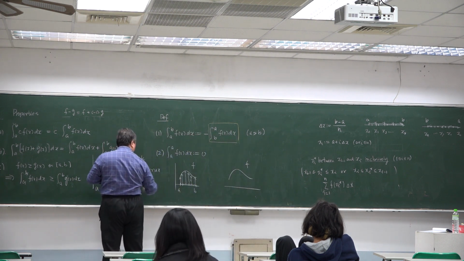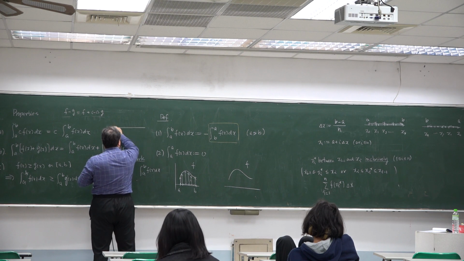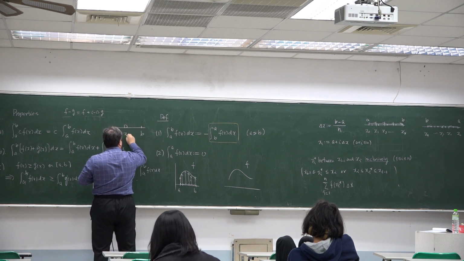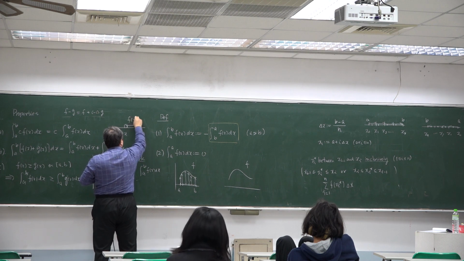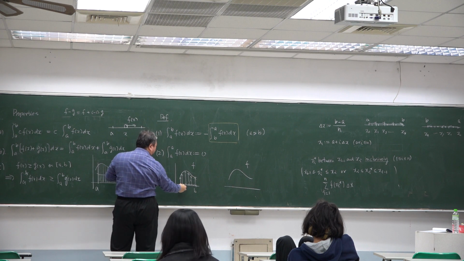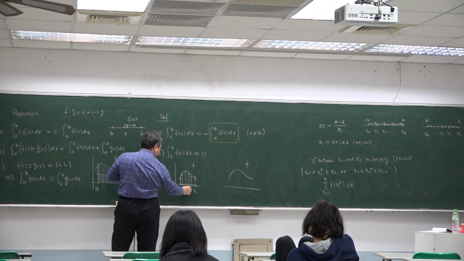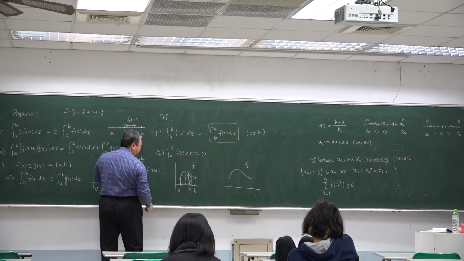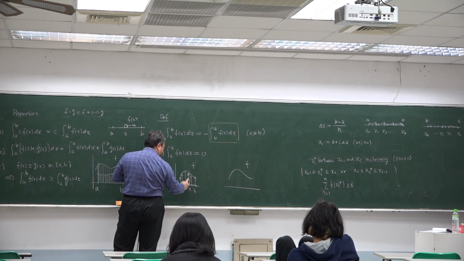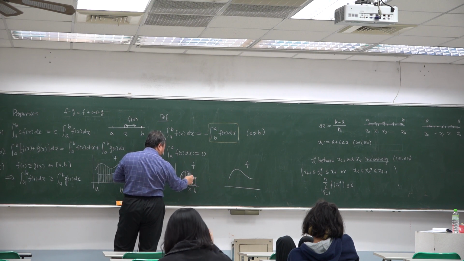I mean, there is a force, an object at x, it gets a force, f of x. To the right is positive, to the ceiling means positive. Okay. So the work done by the force with this displacement is this area.